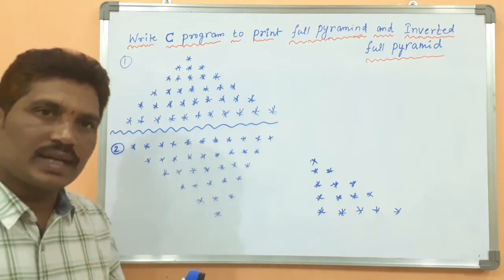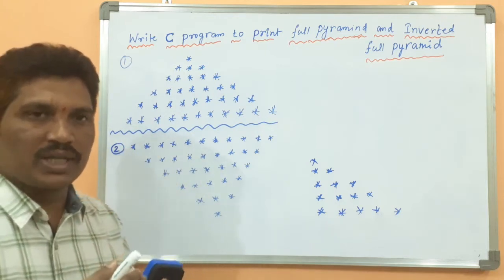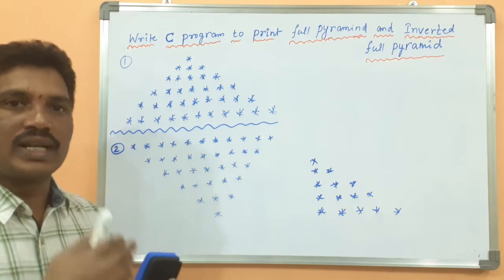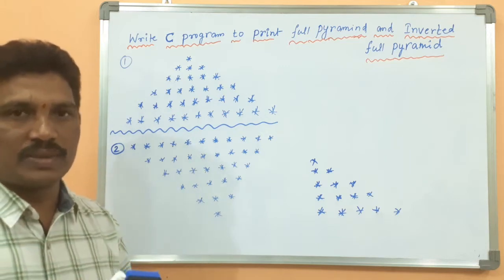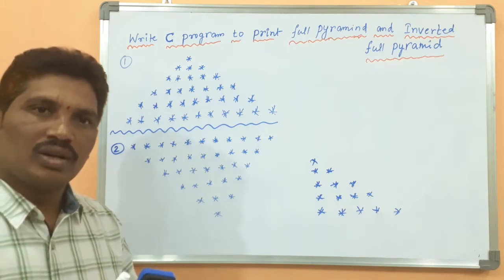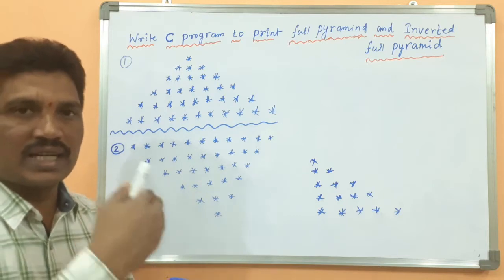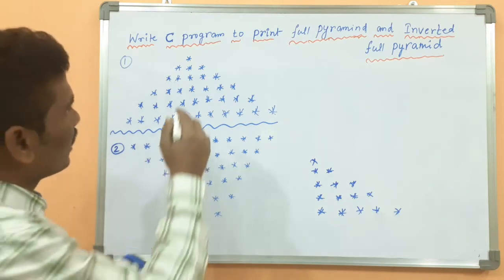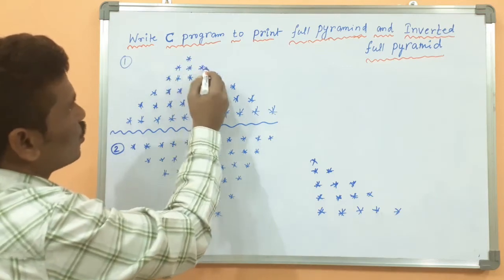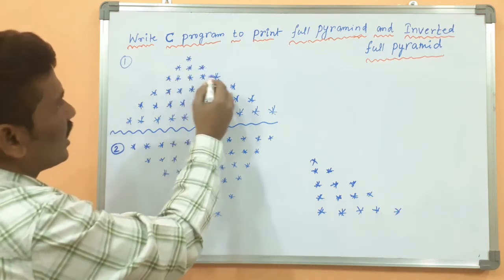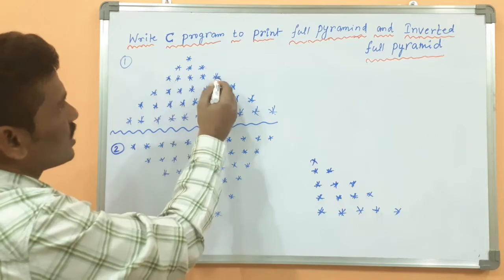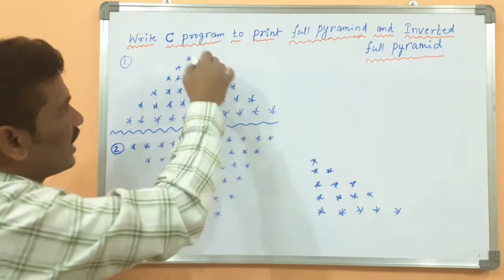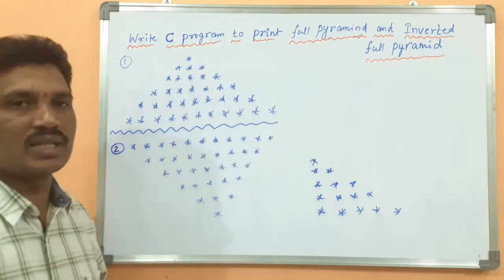In the first row, one star is displayed. In the second row, 2 extra stars are displayed. In the third row, 2 extra stars again. In every row, 2 extra stars are displayed. Can you observe that?